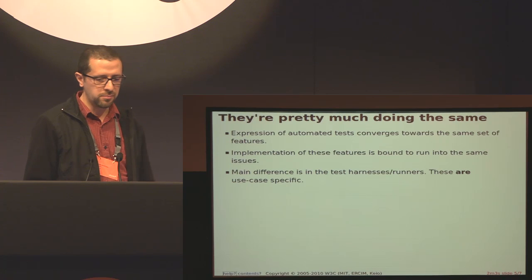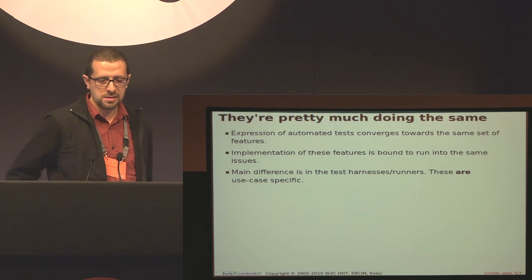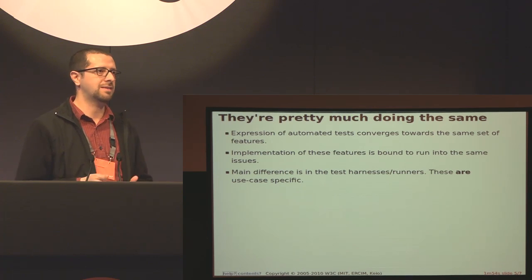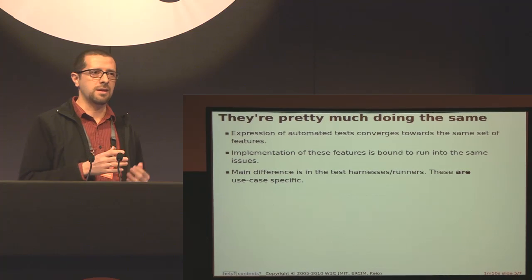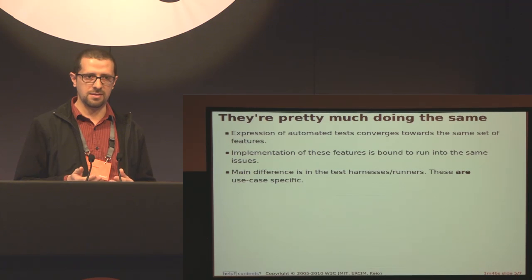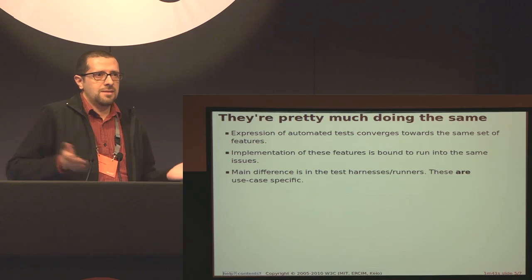So what I noticed is that they're pretty much doing the same. We're expressing automated tests in a way that has been converging toward the same set of features. I mean, it's telling that a tool that has been around for a long time, such as Checkbox, has a very similar syntax to Utah, which is a tool that had a lot of thought going into its design. So yeah, this is very telling.